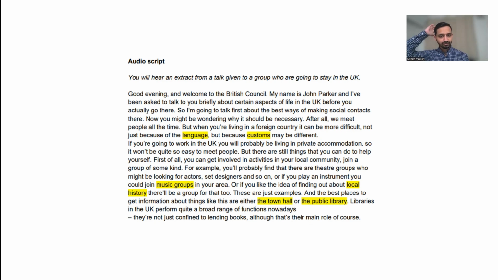So if you play an instrument, you could join music groups in your area, or if you like the idea of finding out about local history. Yeah, there is a group for that too. And then these are just examples. The best places to get the information are things like either the town hall or the public library.